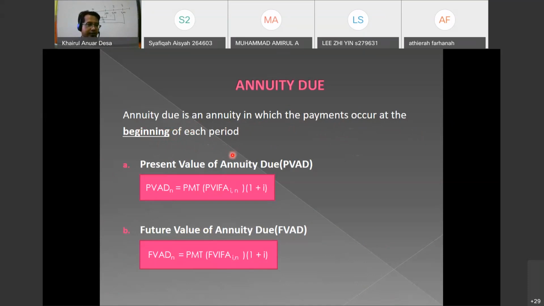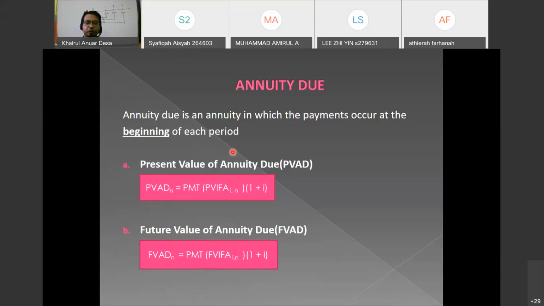Normally, when you see the question, it will state clearly the payment occurs at the beginning of the year. Okay. Mana-mana soalan pun akan menyatakan dengan jelas bahawa pembayaran, sama ada pembayaran masuk ataupun pembayaran keluar ini berlaku pada awal bulan.